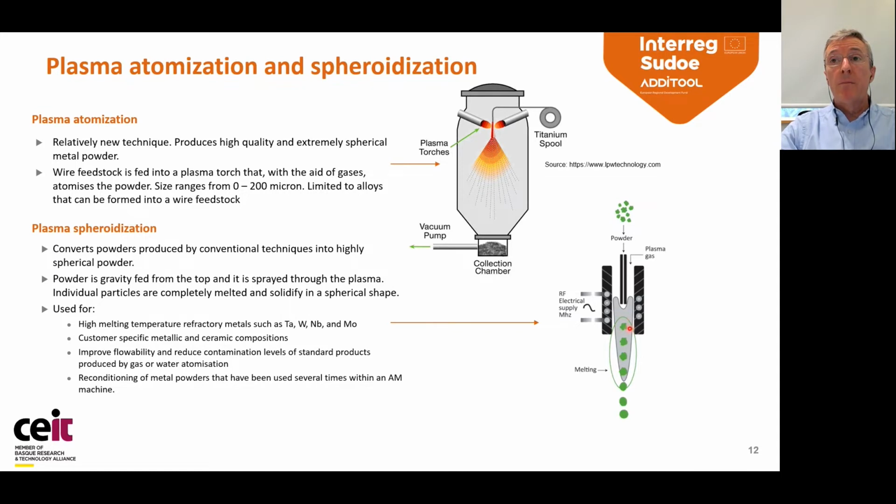It melts, and irregular particles become spherical, and they are collected at the bottom. So this can be used for applications with high melting temperature, or even for reconditioning of metal powders that have been used before in an AM machine. So you're reusing these powders.